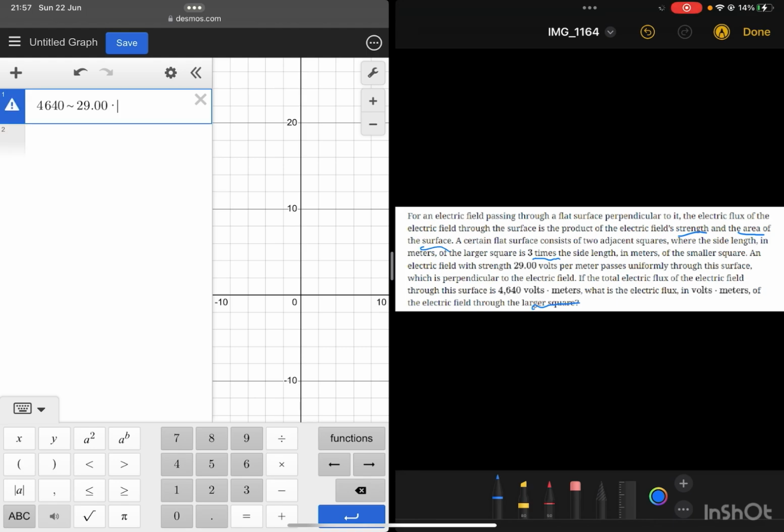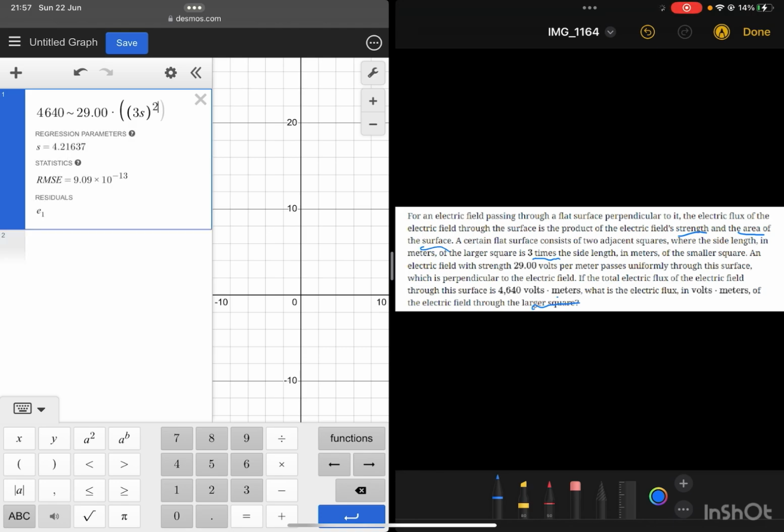We're going to multiply that by the area, which is calculated through 3s squared, which is the larger square, plus s squared, which is the smaller square. So we're going to have this equation.